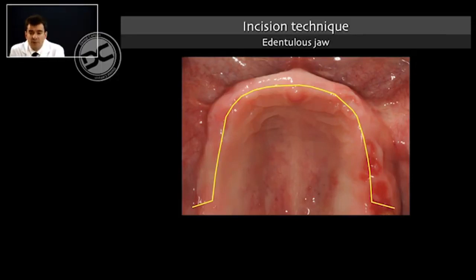So it's very important never to place vertical release incisions in the regions where the implant may be placed or where a bone augmentation procedure may be necessary.